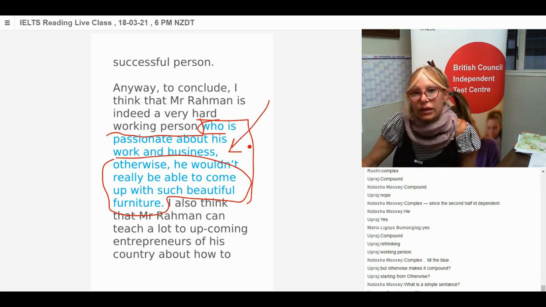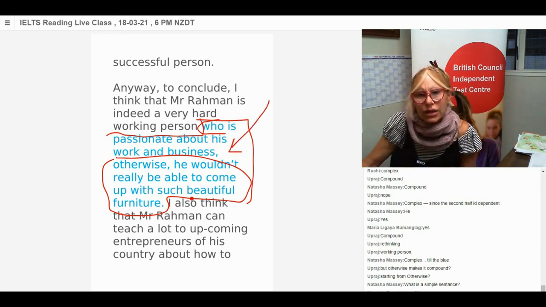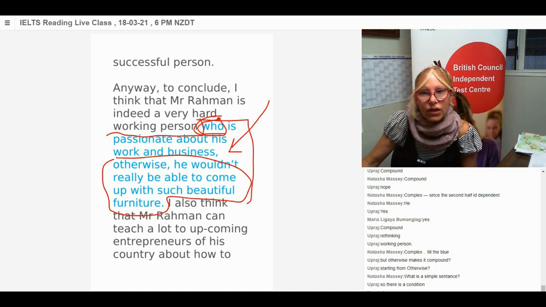It's not really about conditions. What makes this a dependent clause is this pronoun at the beginning, "who". If we were going to stop the sentence here and make a new sentence, we would have to say the subject: "He is passionate." Because we don't have the subject and we've got the relative pronoun instead, it becomes a dependent clause.